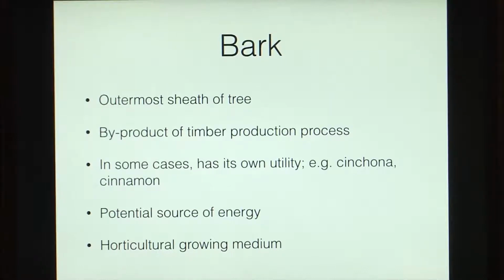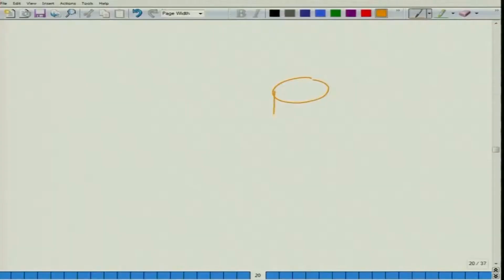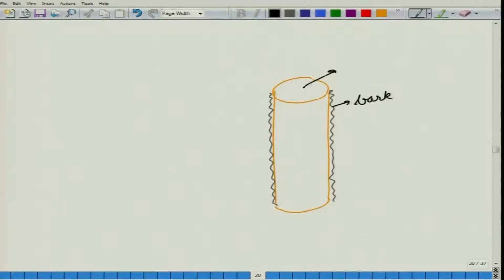We normally consider it as a byproduct of the timber production process, because as we saw in the previous lectures, we are more interested in the diameter under bark. Because this bark forms a loose sheath all around, and so this is our bark and this is our solid wood.